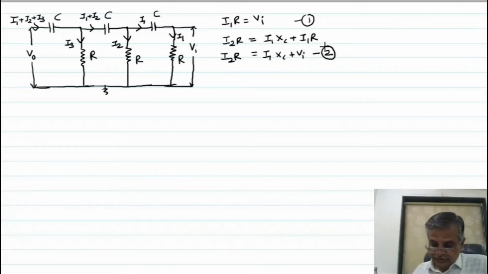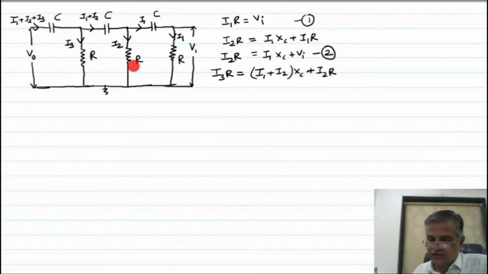Now third, I3R I can write. I3R is equal to I1 plus I2 into the reactance plus I2R. You can see here I3R is equal to this voltage, I1 plus I2 into Xc, plus I2R.